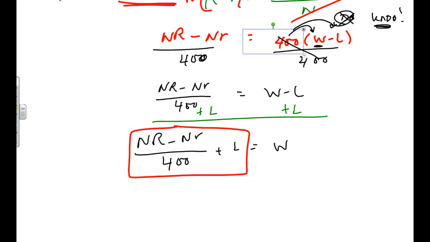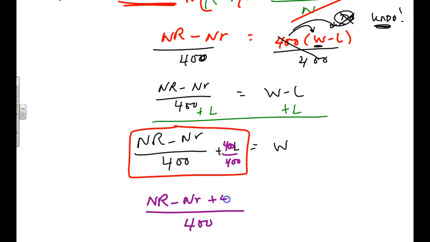And to simplify this, we could multiply the numerator by 400 and the denominator by 400 so that I could add. So then I would have a 400nR minus n small r plus a 400L. And it's always more simplified if it's just one fraction as opposed to a fraction plus a fraction.